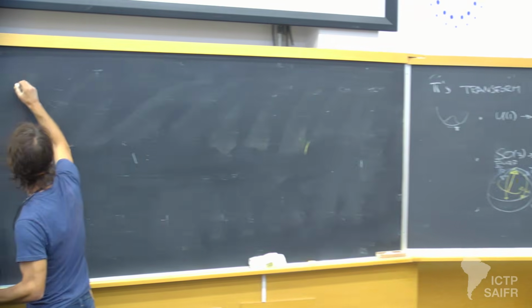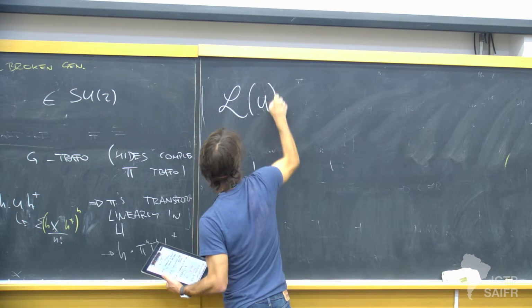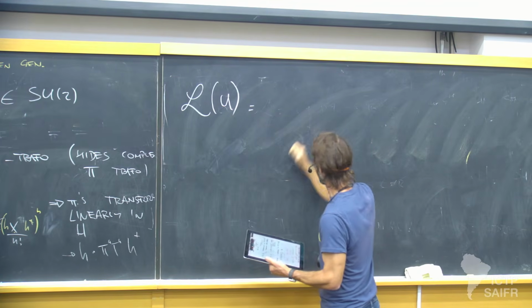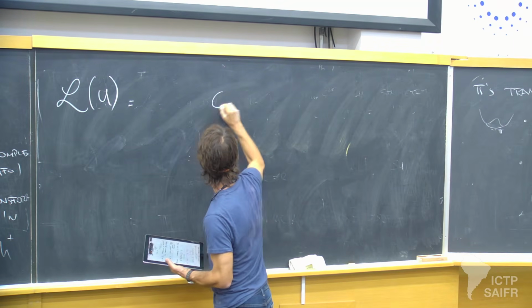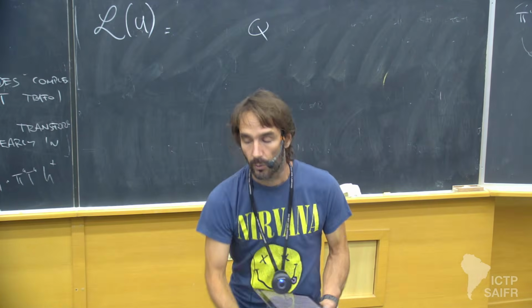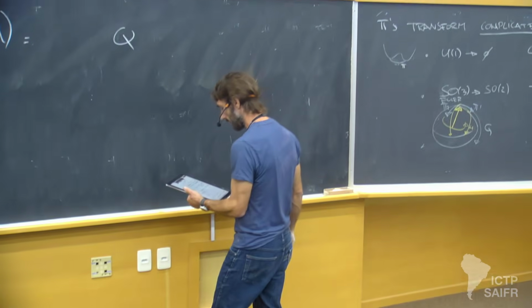So we want to build a Lagrangian out of this U. Let's see, let me ask you what we can put here.